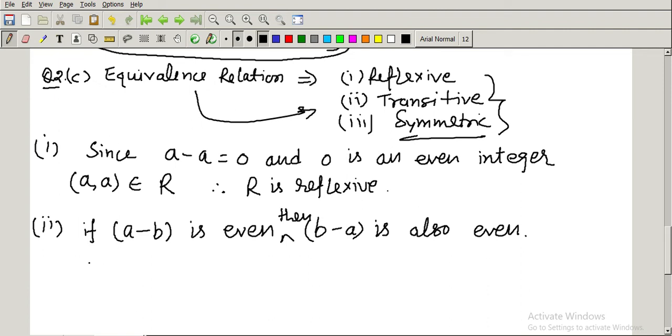So we can say that if (A, B) belongs to R, that relation क्या है? Even relation.